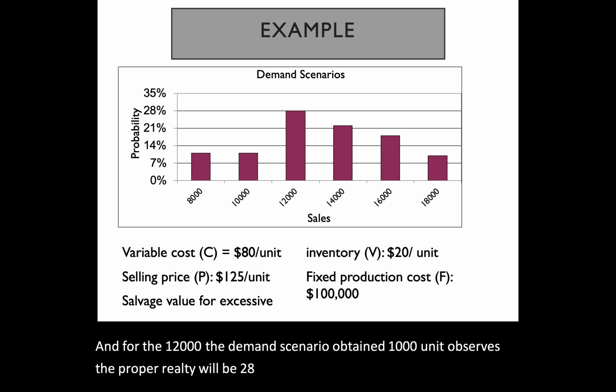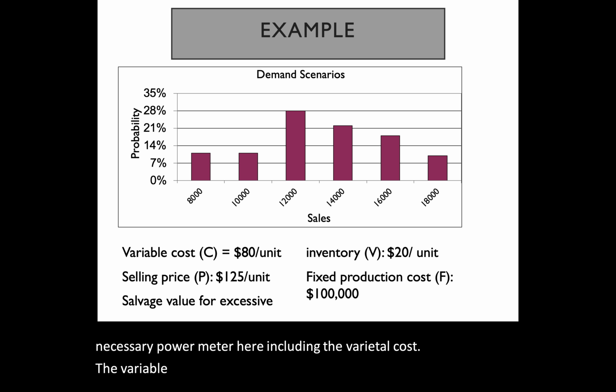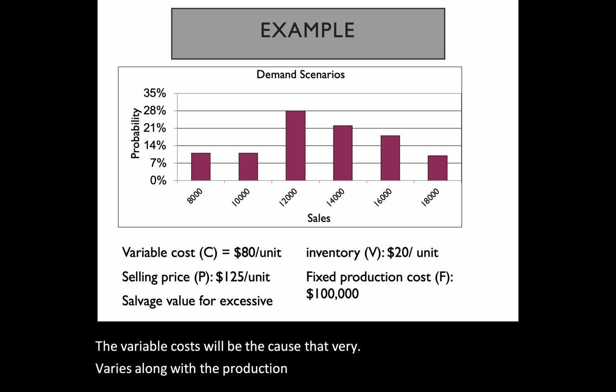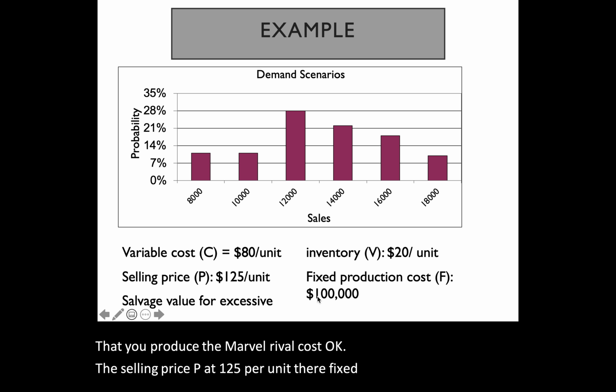Okay, and so on. And we have all the necessary parameters here, including the variable cost. The variable cost is the cost that varies along with the production units. So it means that the more units you produce, the more variable cost. The selling price P is $125 per unit. The fixed production cost is $100,000.